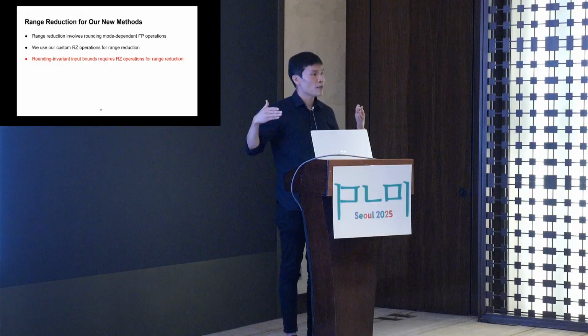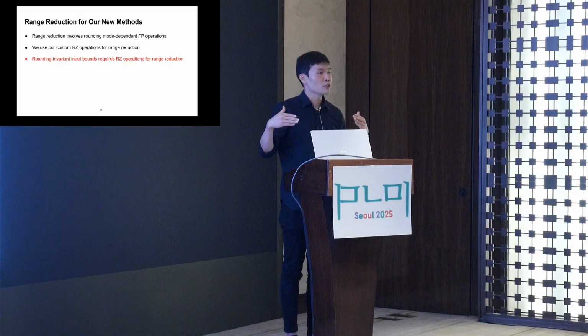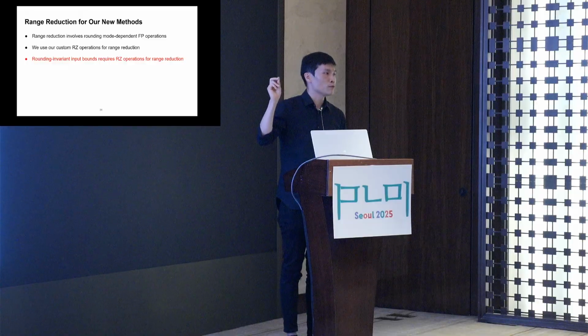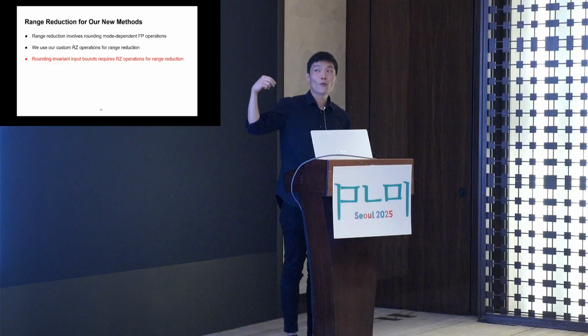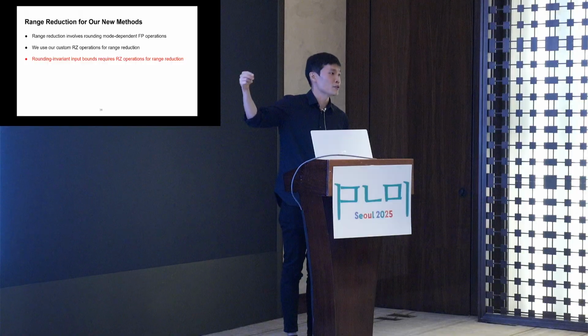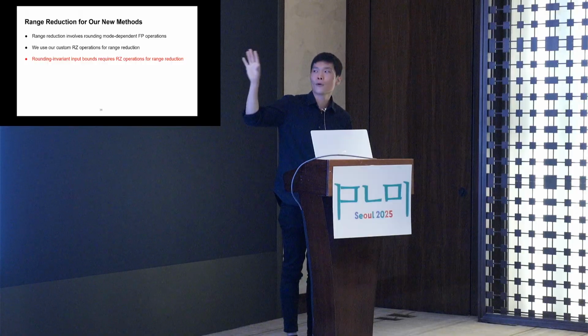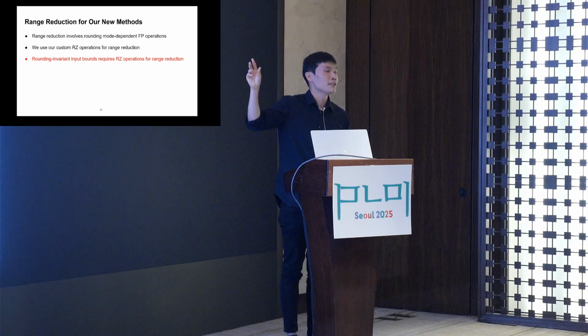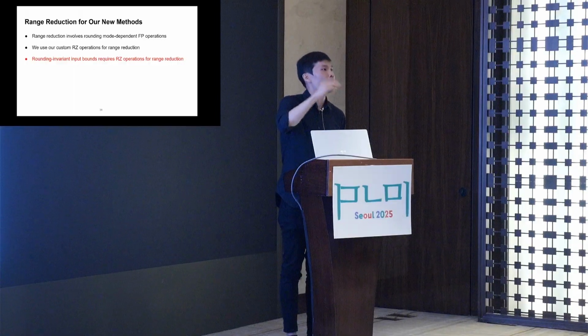To ensure that our polynomial generators have singular inputs, we need to fix the rounding modes for range reduction. And for that purpose, we need to use our custom round to zero operations. So in short, our rounding invariant input bounds method requires the rounding invariant outputs method to a certain degree as well. So one is built on top of the other.